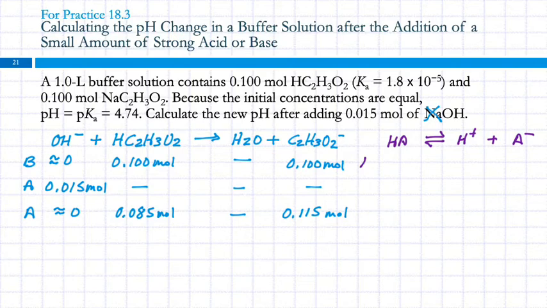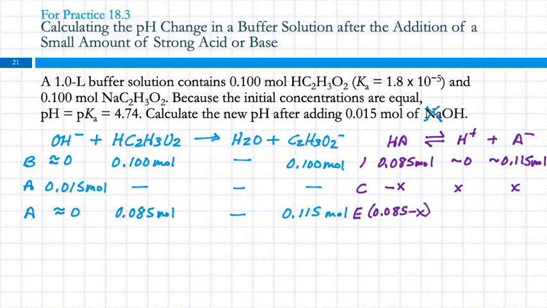So our new initial is that we have 0.085 moles of that, essentially 0 of that, and 0.115 moles of that. So this is going to lose x, that's going to gain x, this is going to gain x. So we've got 0.085 minus x, we have x, and 0.115 plus x.